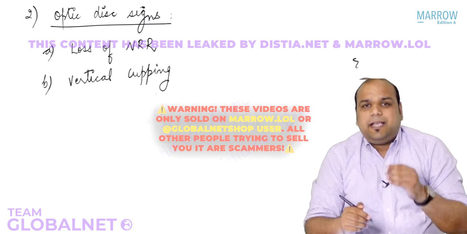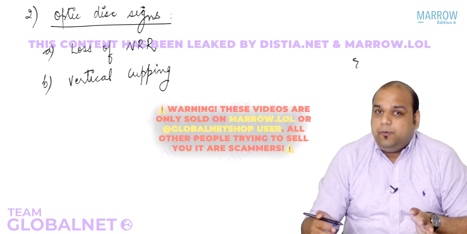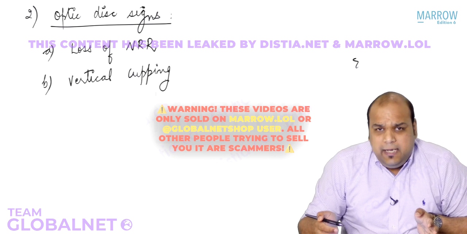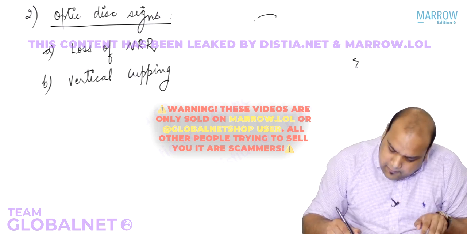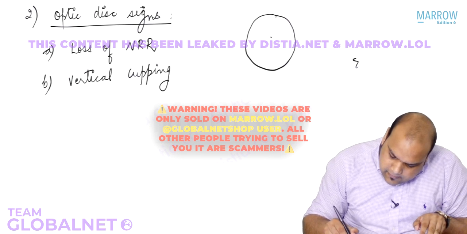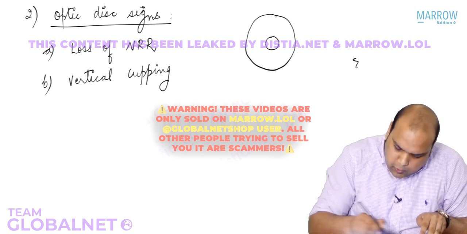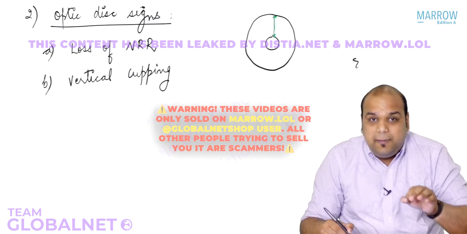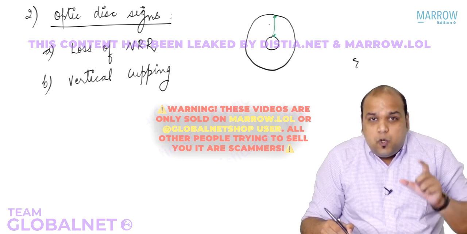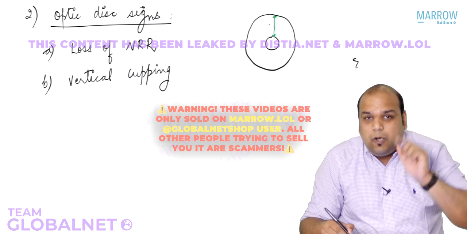I have written them as 2 signs, but actually they are a single sign if you try to understand it. I am saying that due to glaucoma, the nerve fibers will be damaged. So if my optic disc, this was the neuroretinal rim, everybody. Neuroretinal rim consisted of nerve fibers. The nerve fibers are getting damaged. So my neuroretinal rim will be lost.